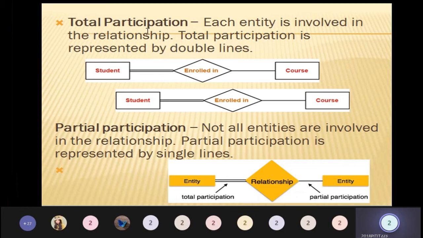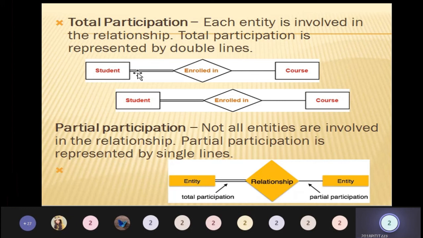In partial participation, not all entities are involved in the relationship. Partial participation is represented by single lines. So this is an example of partial participation. If we use total participation, it is represented by double lines.